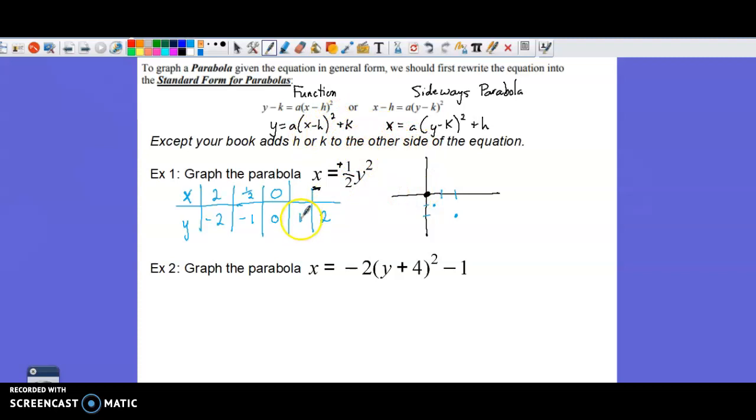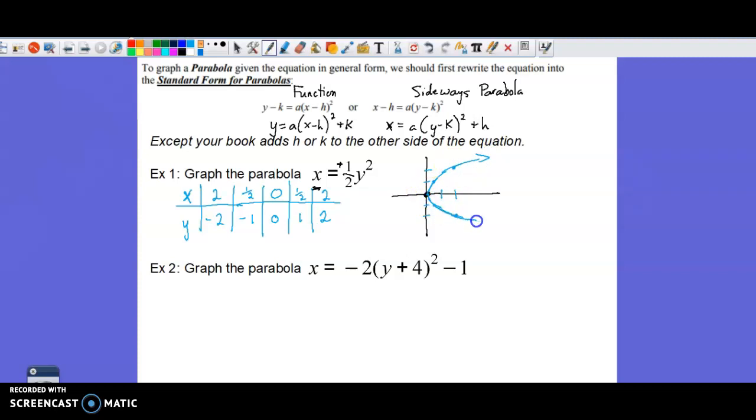But if you notice, if I plugged in 1 for y, squared is +1, half of +1 is half again. So that's what I mean, you can have a problem now that fails the vertical line test. And if I did the same thing for y equals 2, you'll see you get +2 for x.